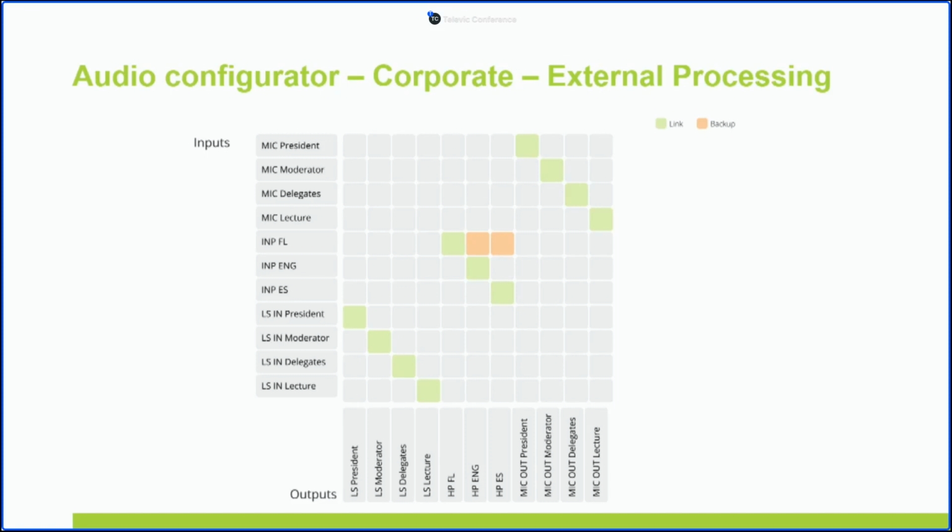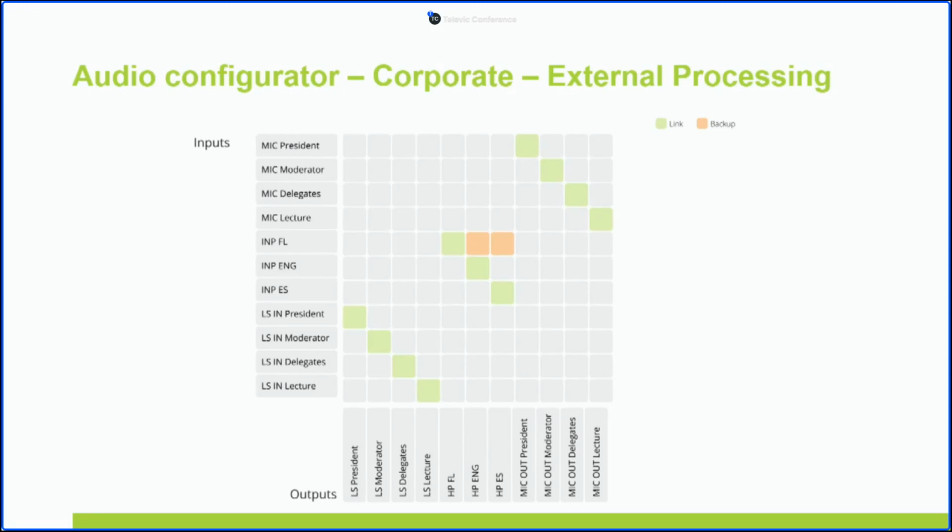Then again, you could choose to say, okay, I want to have everything handled outside the system. And then you just bring out again all the microphones and do the processing in the DSP and bring back all the audio signals in the loudspeaker. And you could say, okay, we have, for example, interpretation through an external system. This could be Zoom or anything else.